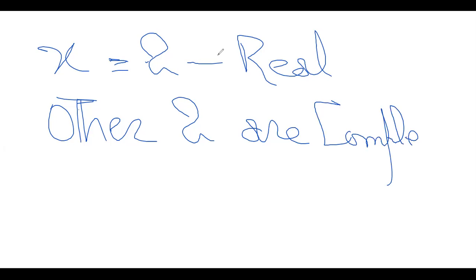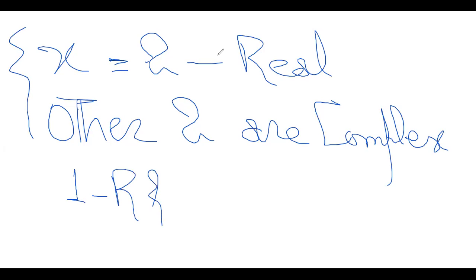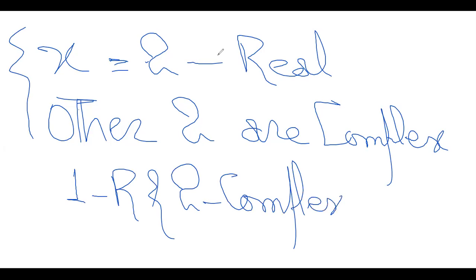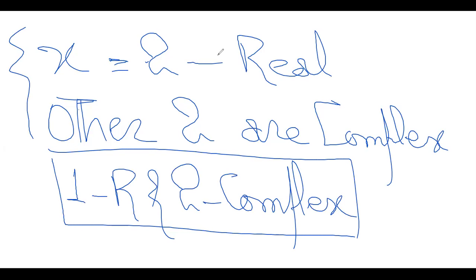So combining these, the right choice is the equation has one real solution and two complex solutions. Am I right? One real and two complex solutions. This is the right option out of those five.